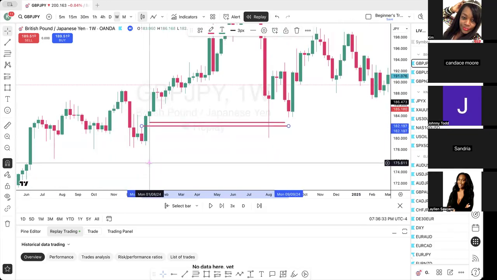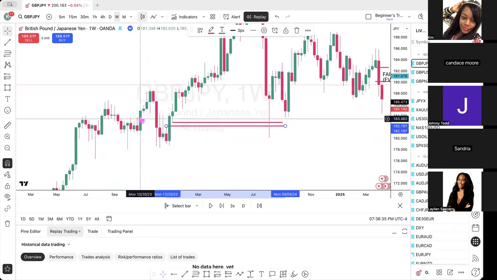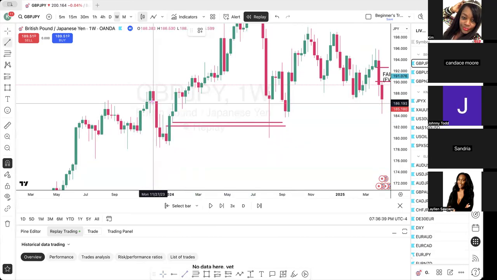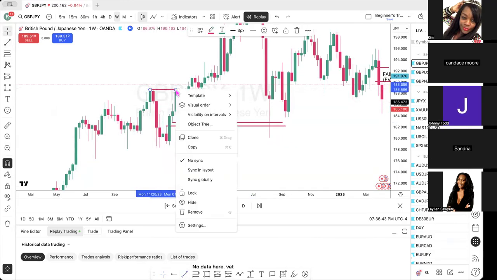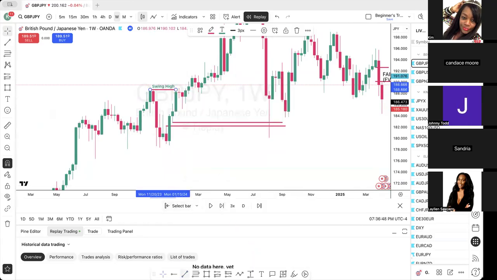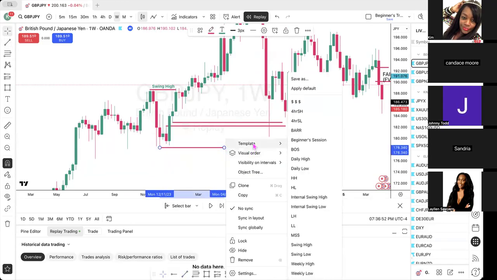So if we're looking at price pushing up and then pulling back and breaking structure, at one point this was the swing high, and then this was our swing low.